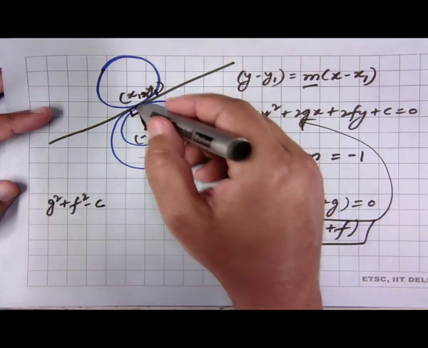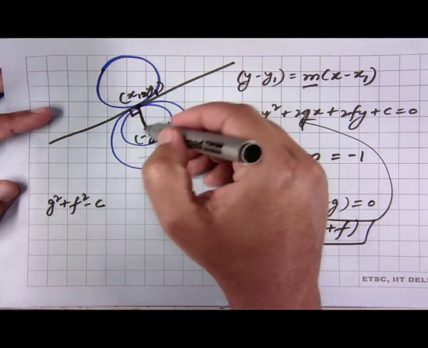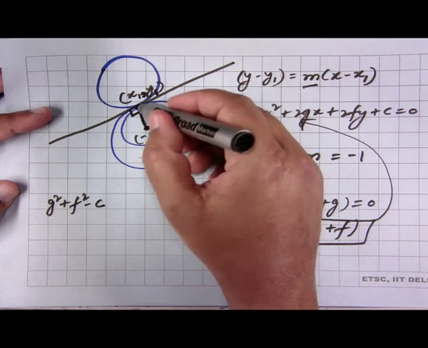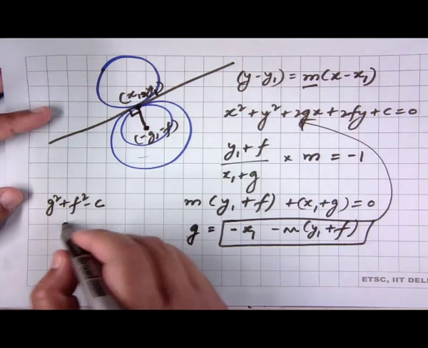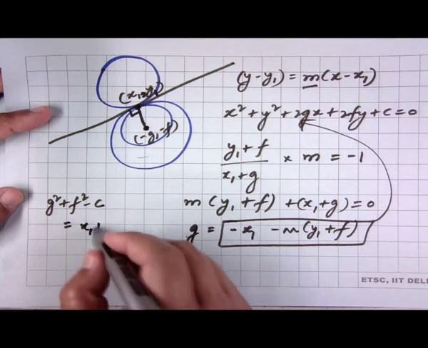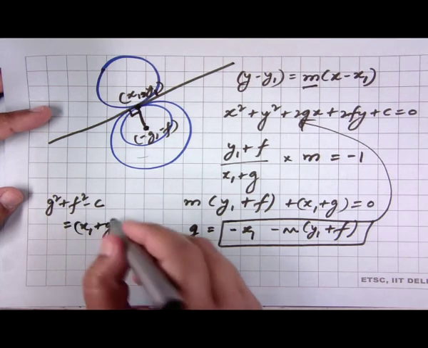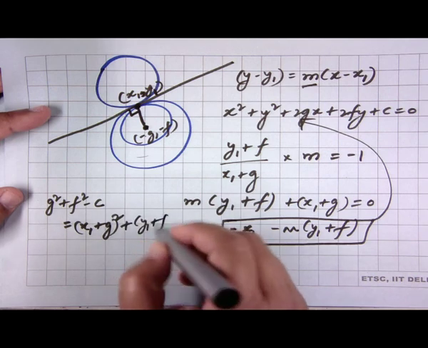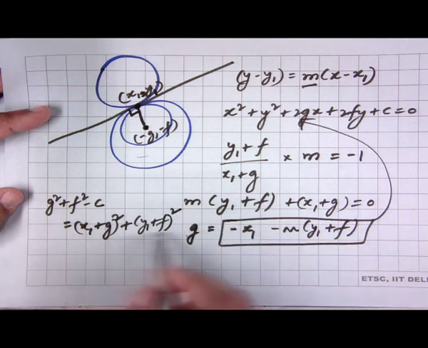And just by looking at this figure, the squared radius is the squared Euclidean distance between this point and the center, which is x1 plus g whole square plus y1 plus f whole square. So, therefore, this and this should obviously be equal.